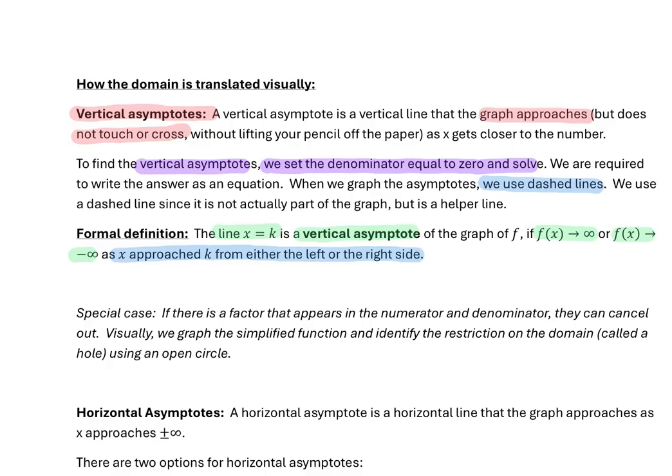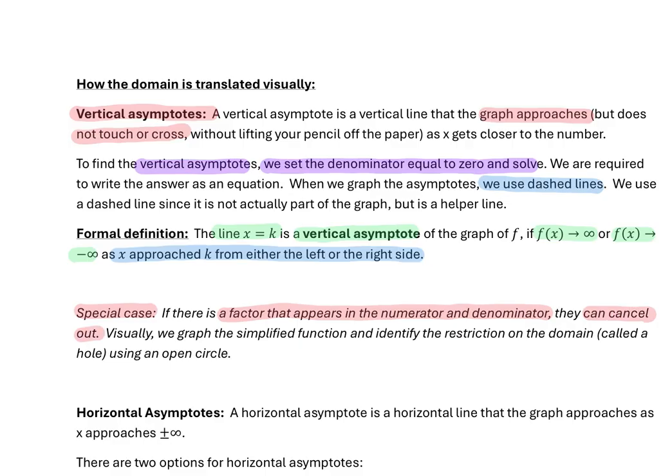Now, not every rational function will have a vertical asymptote. We do have a special case, and that is if you have a factor that appears in the numerator and the denominator. What happens in terms of the function is they cancel out.